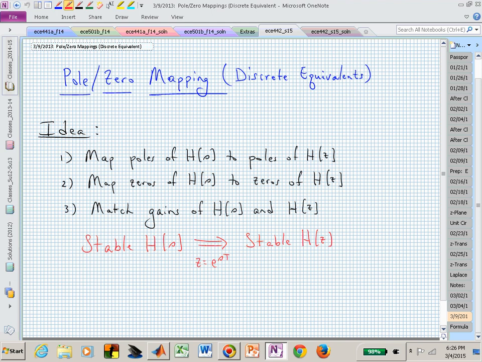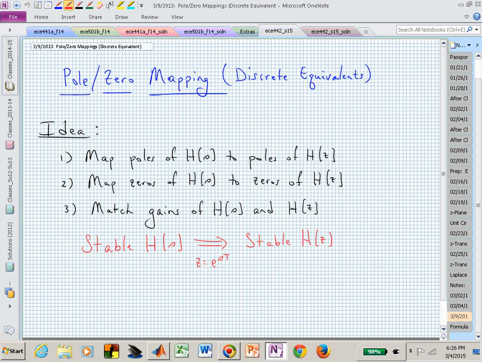You just need to find the poles in h of s and the zeros. You really factor the transfer function into pole factors and zero factors, and then you'll factor out a constant in the numerator. Then you map poles to poles, zeros to zeros, and then we have to match gains of h of s and h of z. Does that make sense, what I'm saying there?